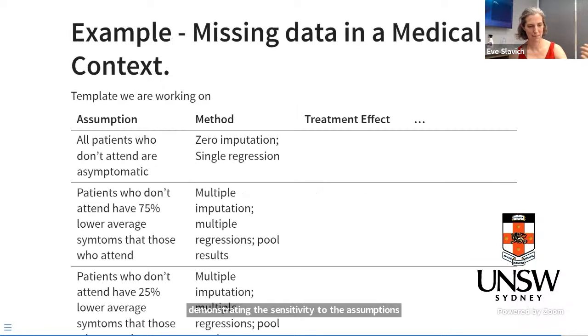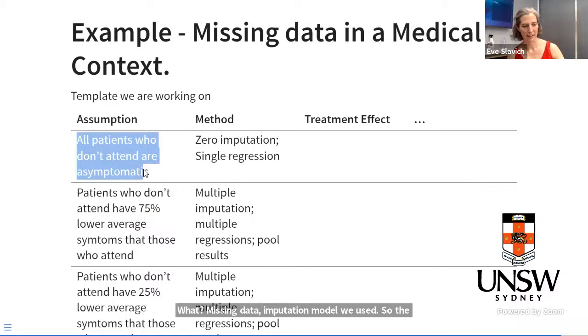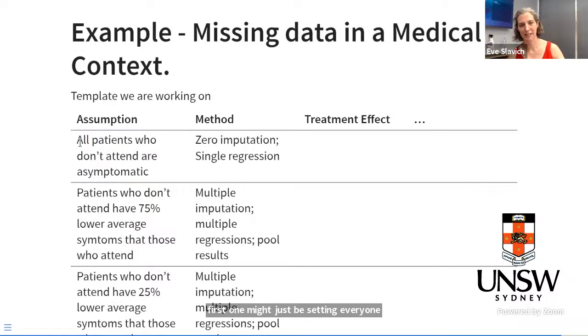So this is just a template that we're working on for how we might present the results. We'll show different assumptions that we've made about the people who don't come back for their appointment. Those different assumptions will lead to slightly different methods. And then we'll report the treatment effects depending on what missing data imputation model we used. So the first one might just be setting everyone who didn't come back to have a value of 0.